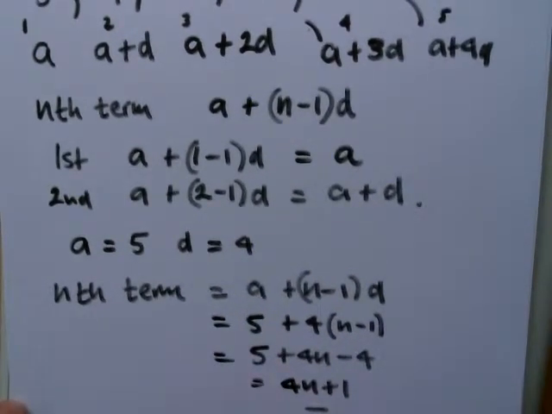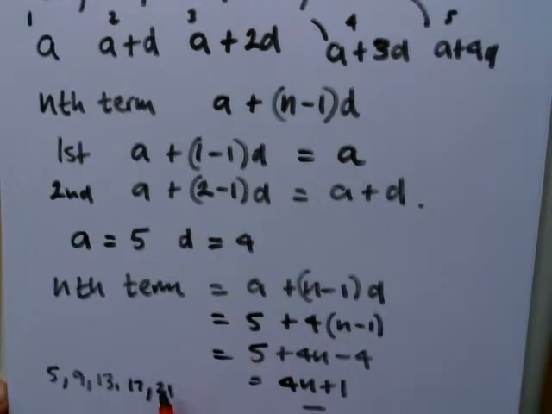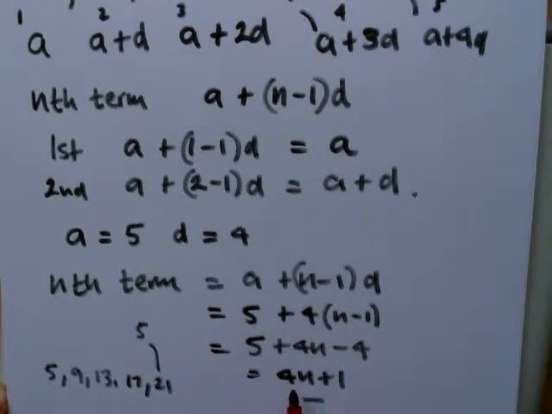I'll show you why. So I'll write out the terms again: 5, 9, 13, 17, 21. So if I wanted the value of the fifth term, 1, 2, 3, 4, 5, the fifth term's value can be found by using the formula. So if I substitute 5 in for n, I'll have 4 5s, which are 20, and 1, which is 21.